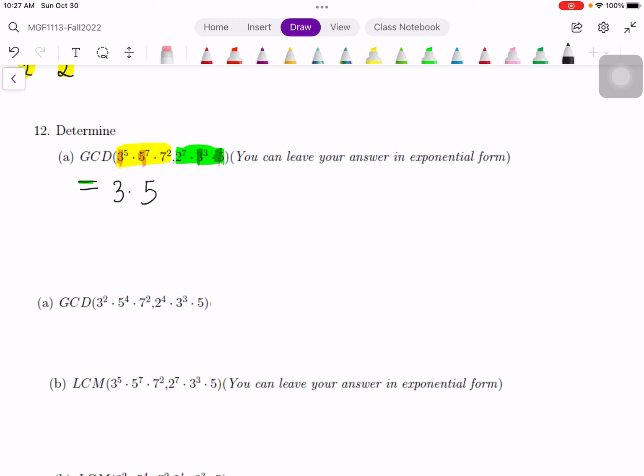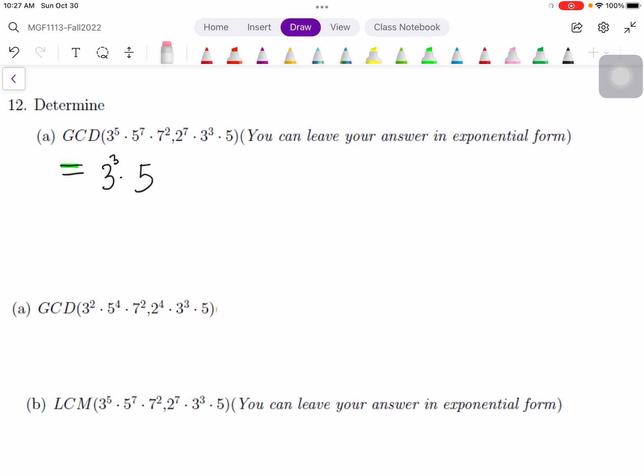And now I have to figure out to what powers they need to be raised. Since this has to fit in both numbers, so it's something smaller than both of the numbers, you always go with the smaller of the powers. So in this case, and let me just remove the highlights here so you see it more clearly, the common factors are 3 and 5, and you go with the smaller of the powers they appear with.